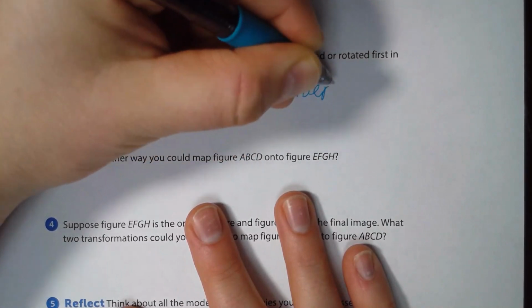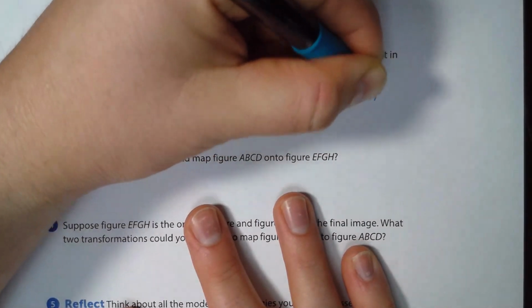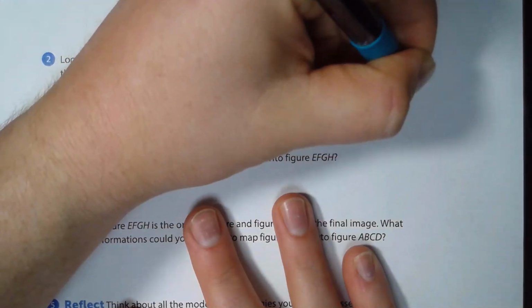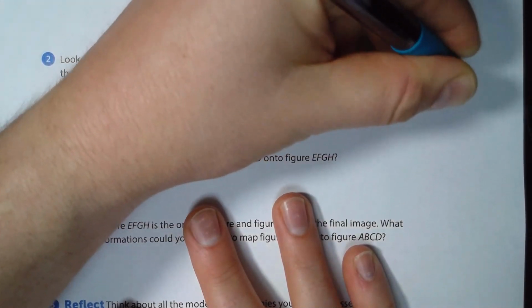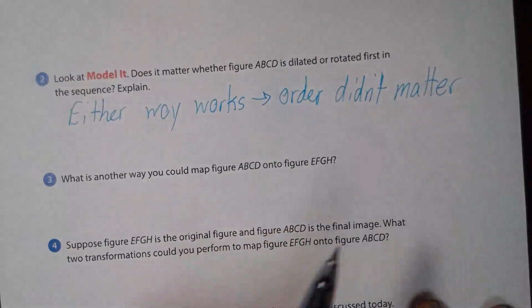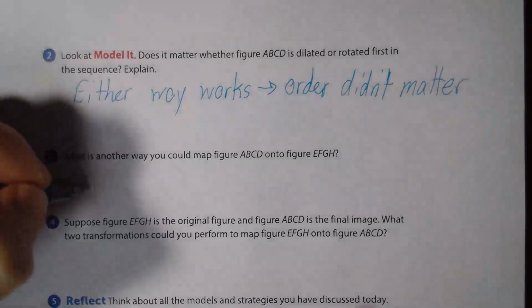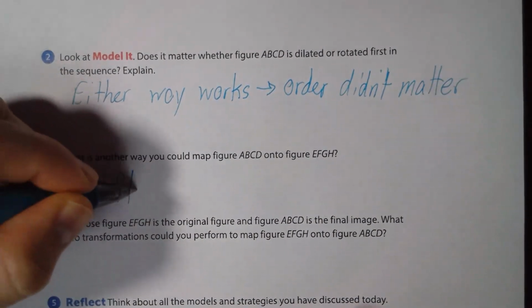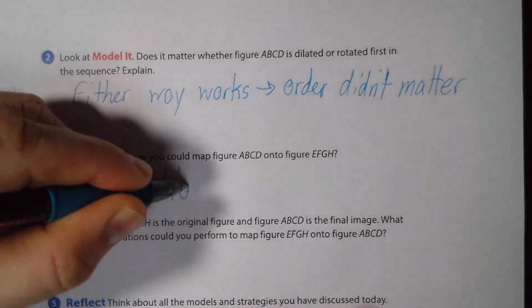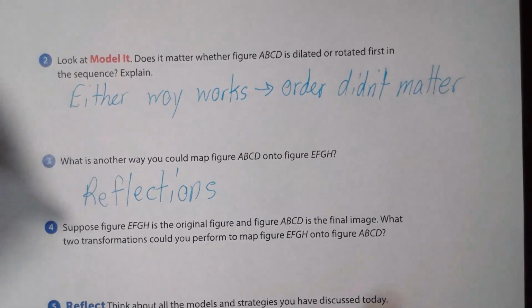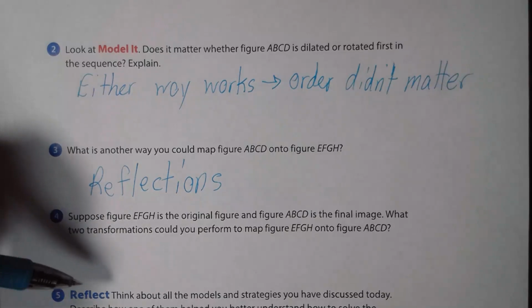Order didn't matter. We just need to be careful because sometimes order does matter, especially when we're talking about doing rigid transformations in sequence. We need to be careful there. Is there another way? Yeah, we talked about reflections. We could have used reflections over the x and the y-axis. So yeah, I'm done with this page.